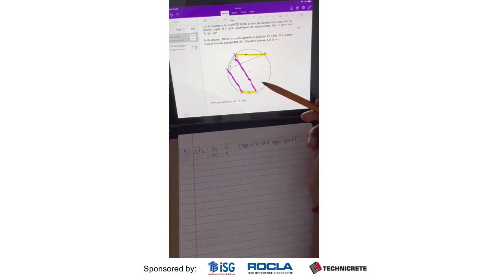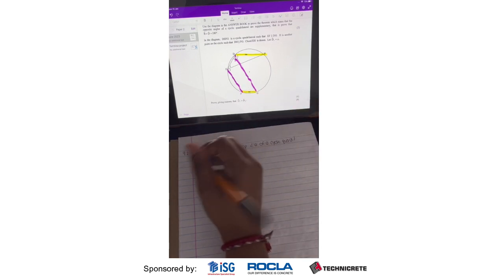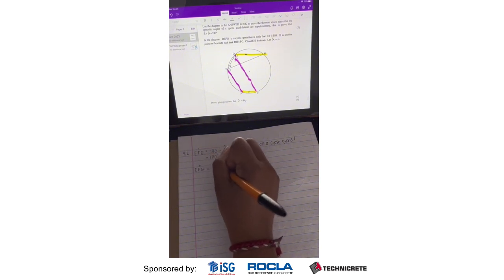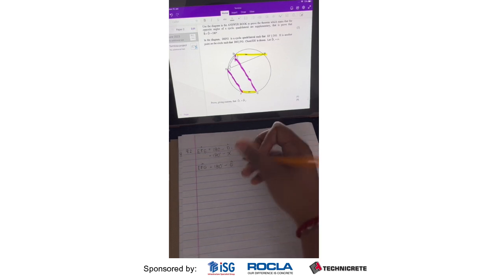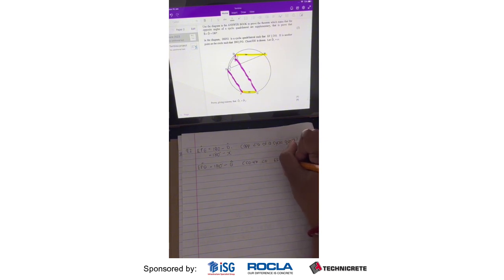The next thing is that I also know that EFG, this angle here, can be equal to something else. Because we have parallel lines, it can also be equal to 180 degrees minus angle G, and that reasoning is co-interior angles, because EF is parallel to DG. But let's correlate G and D2 now.